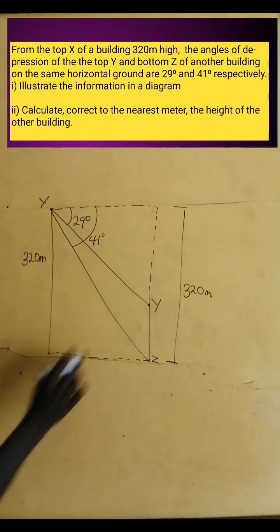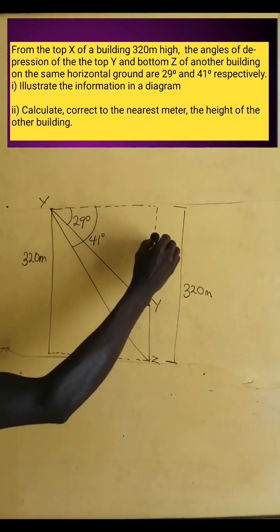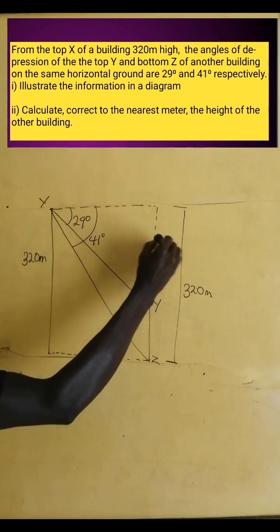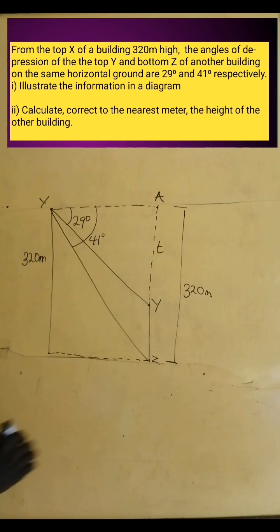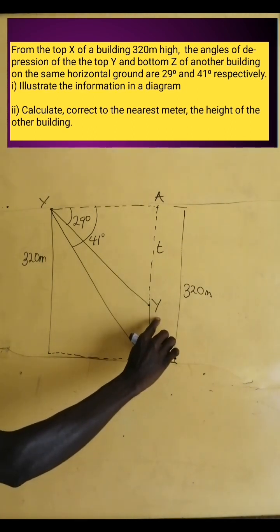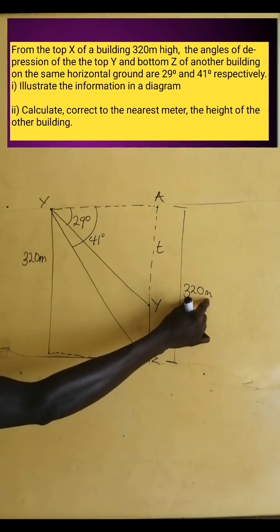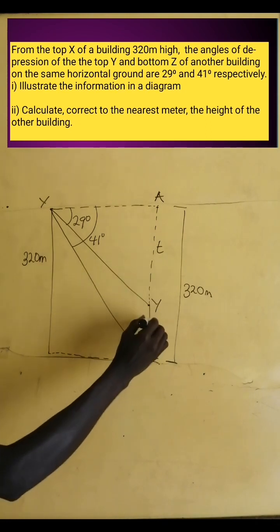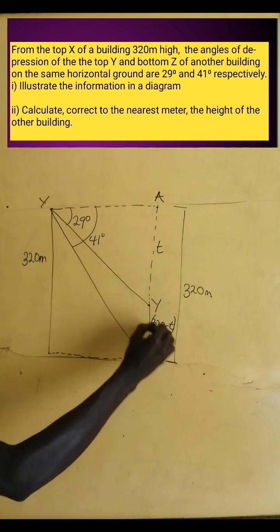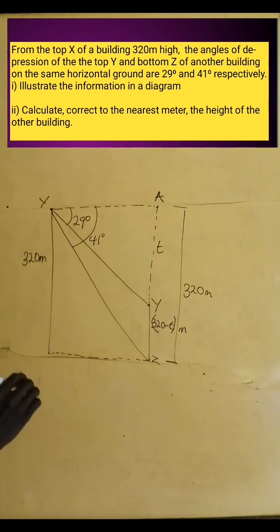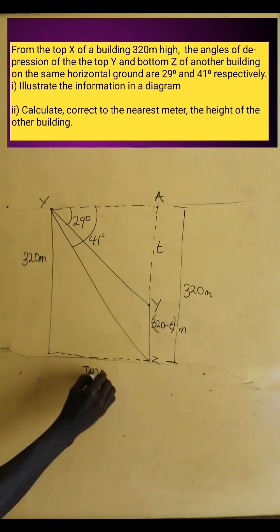The bottom here is Z. So, if I need this part, let me name it T. Let me name this point A. Then the distance left here is 320 minus T in meters. That is very simple.